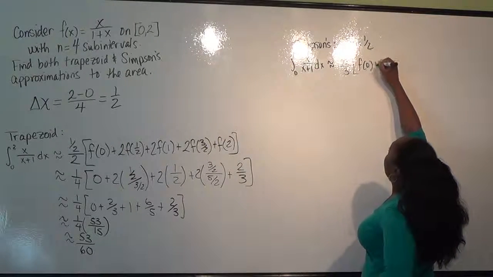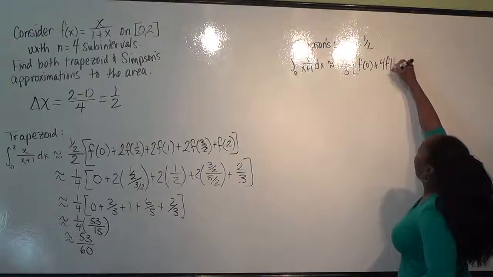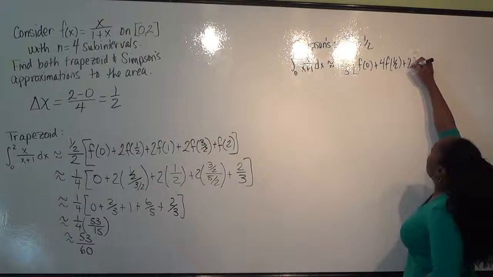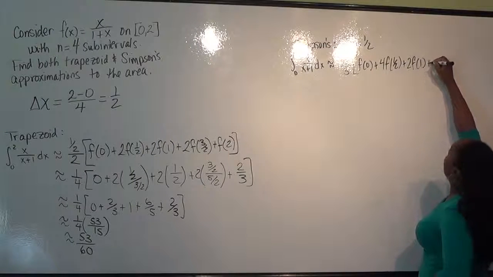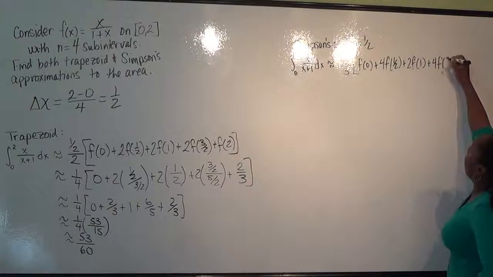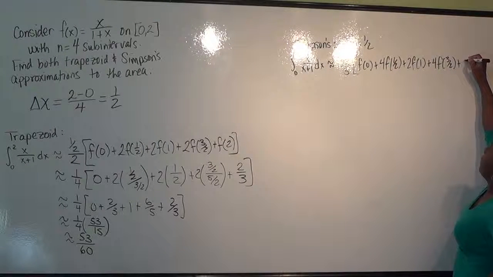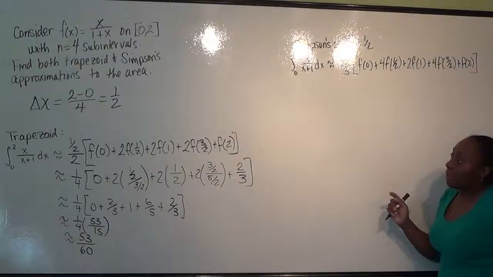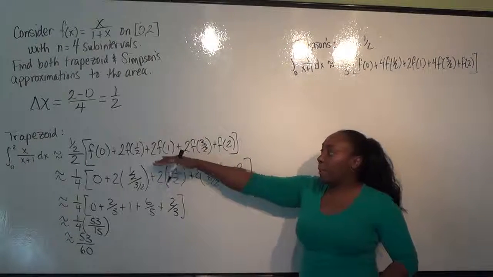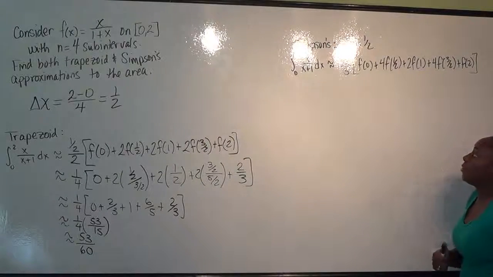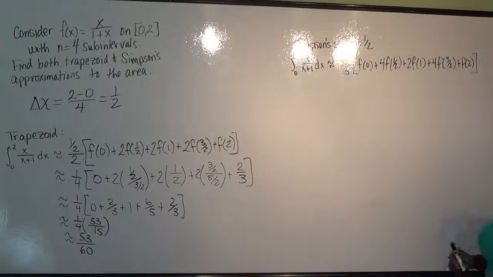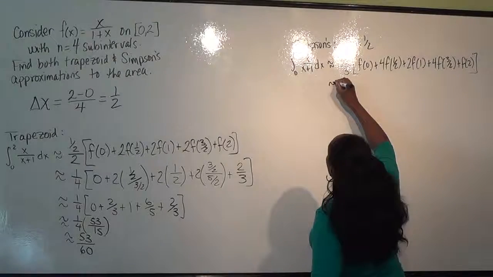F of 0 plus 4 times f of a half plus 2 times f of 1, 4 times f of 3/2 plus f of 2. Okay. Again, notice it's the same values we had here. The only difference is we alternate some of those with 4s as their coefficient.